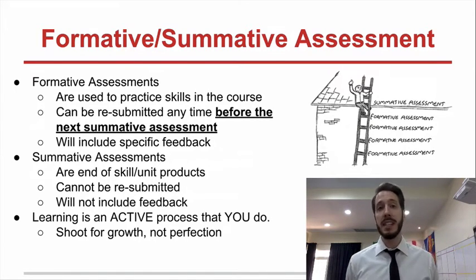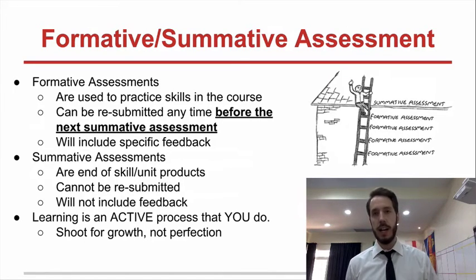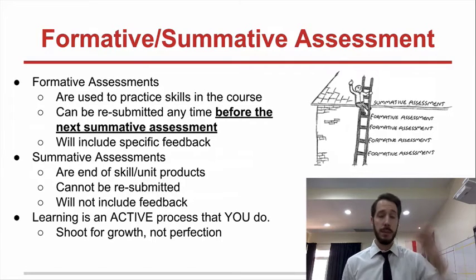Now, there are two types of assessment that we'll be using in our course, formative and summative assessment. Formative assessment is really just seeing how you're developing in the important skills and concepts of our course. Let's say I'm looking at, can you write a specific claim? And I give you a source and I say, okay, identify the specific claim from this source. Or I give you a bunch of different sources and I say, make a claim based off those sources.